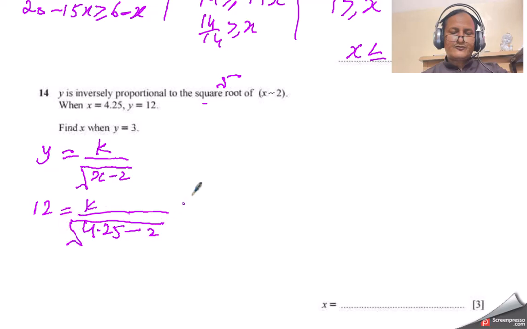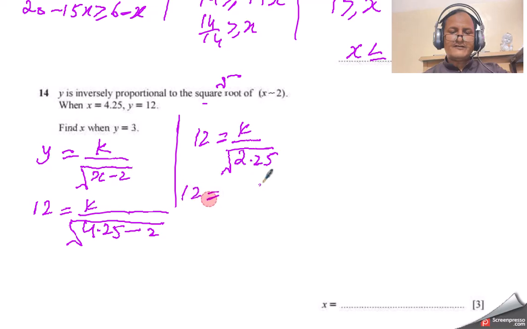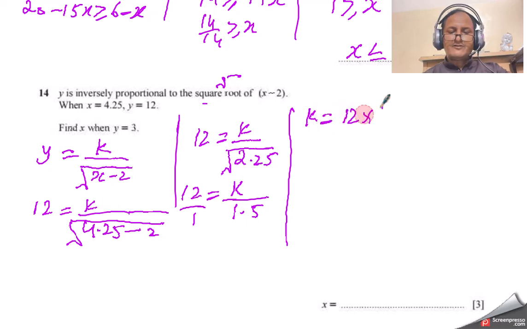After that we have 12 equals k over the square root of 2.25, because we're supposed to subtract. Then we have k over 1.5, because the square root of 2.25 is 1.5. By cross multiplication we have 12 times 1.5, which means k is 18.